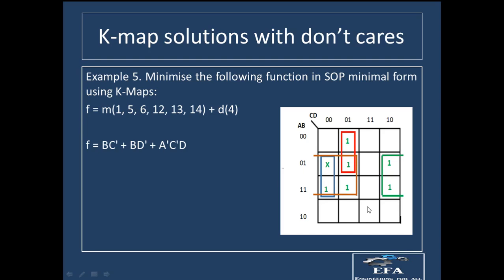The don't cares which are not covered in any of the groups will not be taken in the final output. This is very important. If you take those don't cares, they will actually complicate your circuit. They will not add to the solution, they will actually make it complex. So don't cares are only used to simplify the expressions, not to complicate them.